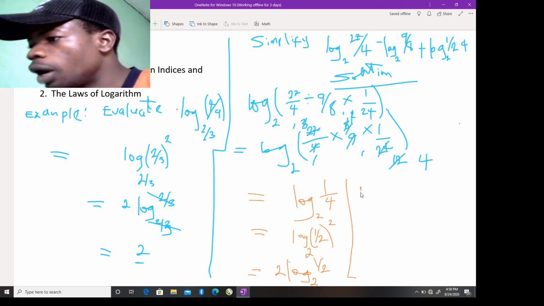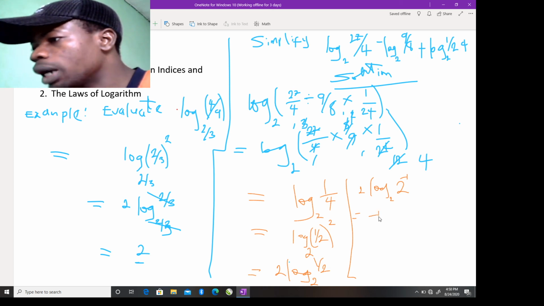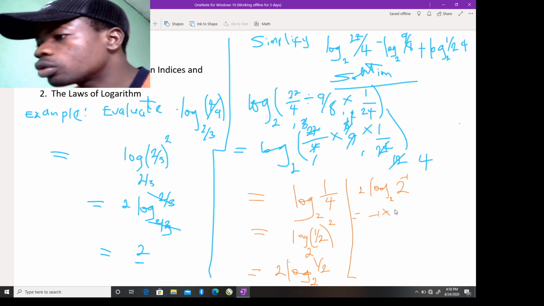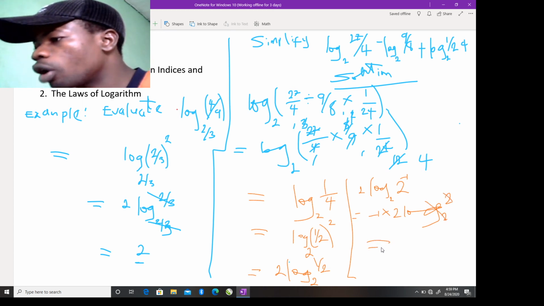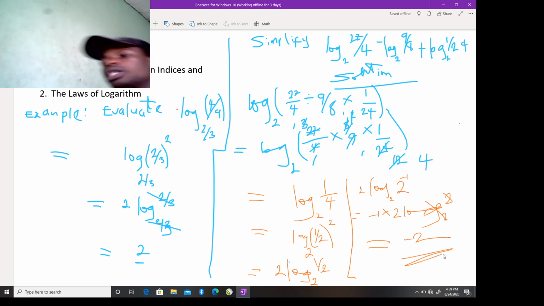Permit me, you have 2 log 2 raised to power minus 1 base 2, and that is equal to minus 2, that's minus 1 times 2 and you have log of 2 base 2. This and this gone. So your answer becomes minus 2. So it's as simple as that.